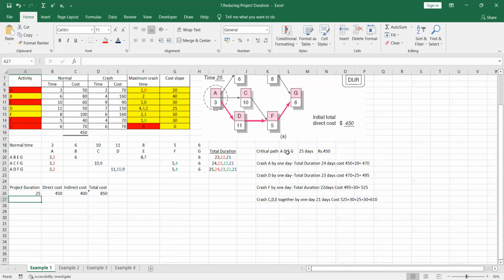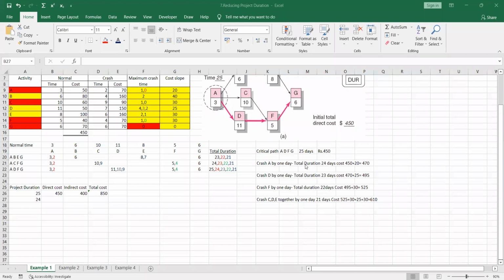When the project duration is crashed by 1 day, the total project duration is 24. For that 24, how much is the direct cost? We take it by looking at what we calculated here.